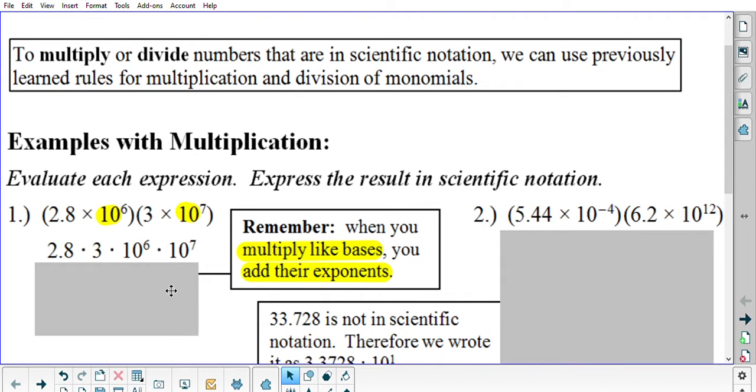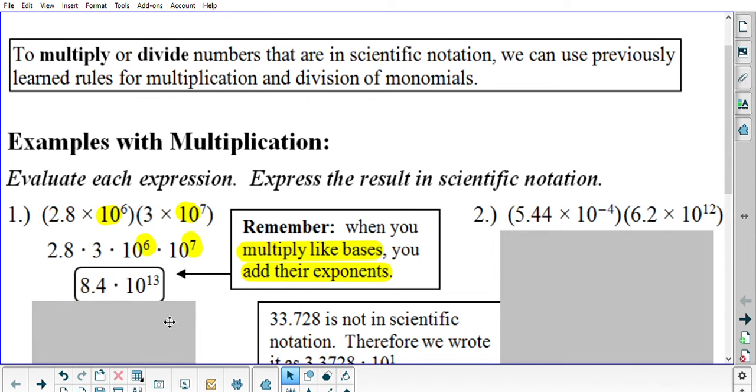So we have the 2.8 times the 3 next to each other, and then we have the times 10 to the 6th times 10 to the 7th. And from what we learned earlier, whenever you multiply like bases, you can add the exponents of those like bases. So 10 to the 6th times 10 to the 7th would be 10 to the 13th.